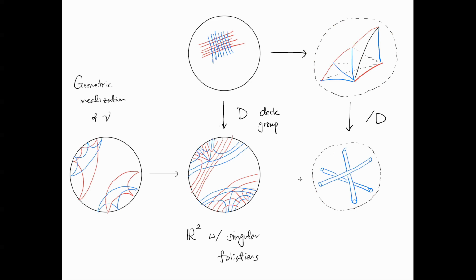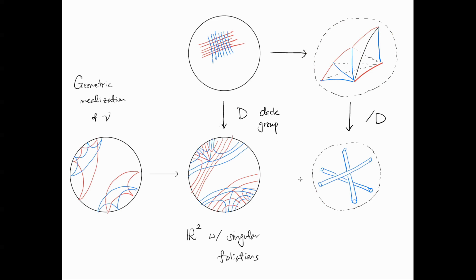And this construction is functorial in the sense that, if you have a nice action of a group here, then you also do have a nice action of a group here, which acts as a cellular automorphism of this varying triangulation. So let's call D the deck group for this universal cover. And D will act here as a deck group by this functoriality proven in Schleimer and Segerman. So you quotient it out, you get a three manifold.